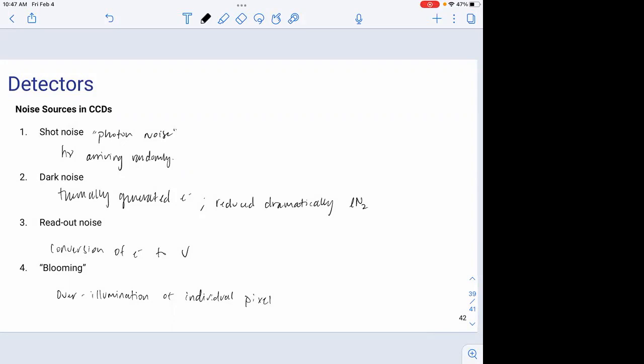Those individual pixels sometimes are over illuminated, and the effect is that the charge can spill over into another pixel where it shouldn't be, because there was no original incident radiation there. So over illumination results in blooming. It's pretty easy to see, but you should definitely keep an eye out for it in these experiments.